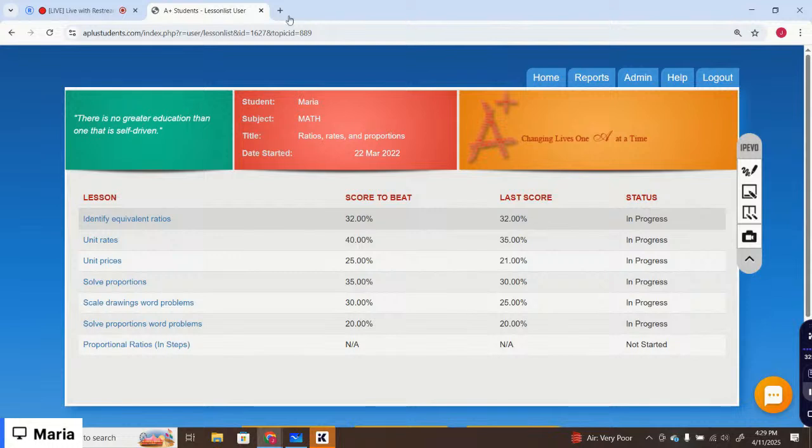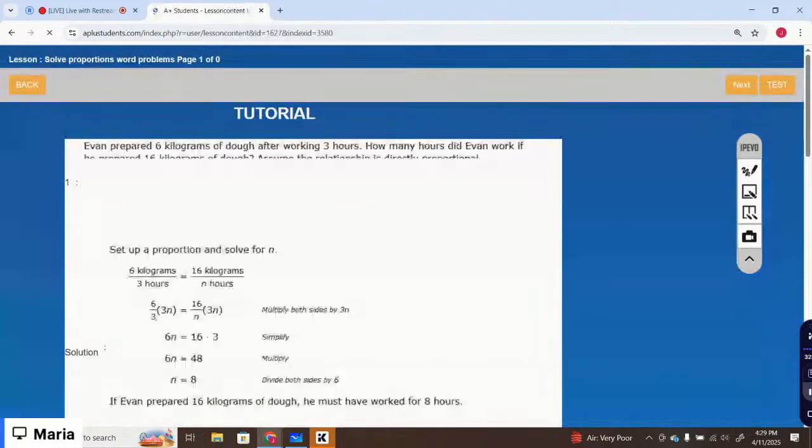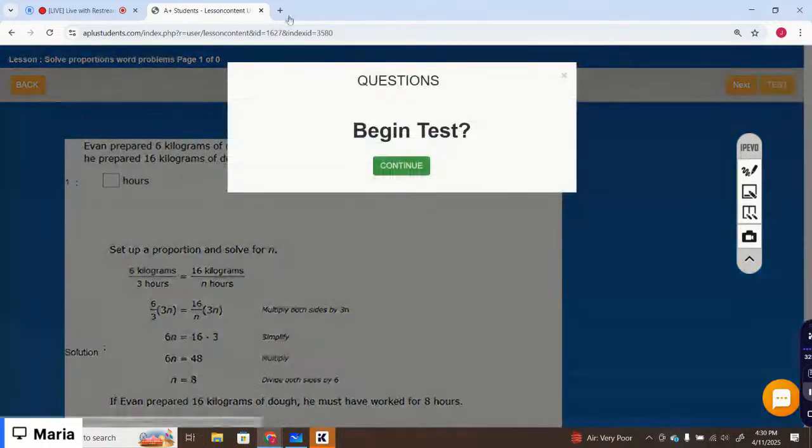The next lesson is solve proportions word problems. Let's just start with the lesson. Let's just start with the test questions.